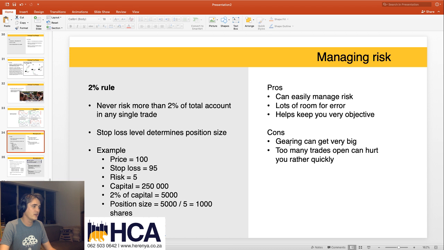Cons are that you can gear too big, because sometimes you use 10% margin, or if it's forex, like 1% margin or whatever it is, and you end up with like 20-30 different positions, and you have way more exposure than you have money. And then one move, one highly correlated move amongst all your positions wipes you out, and that is obviously a problem.